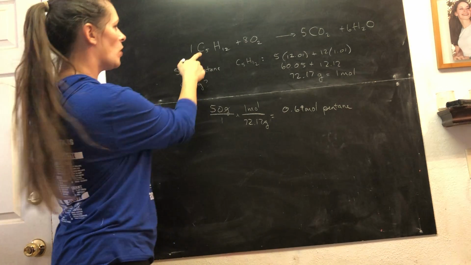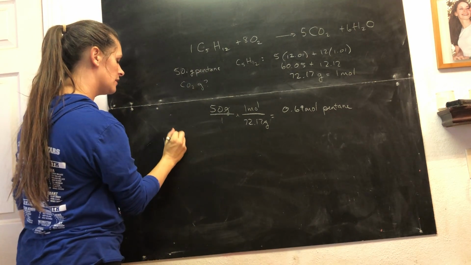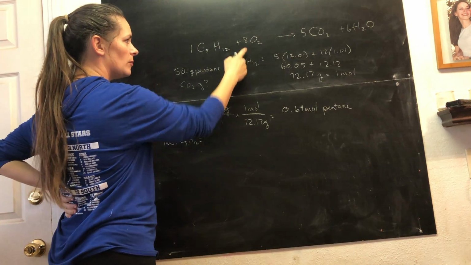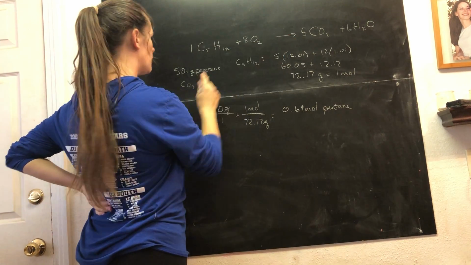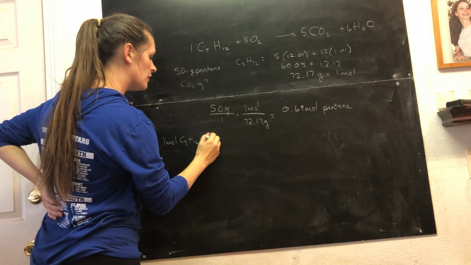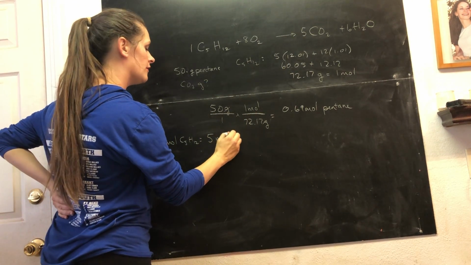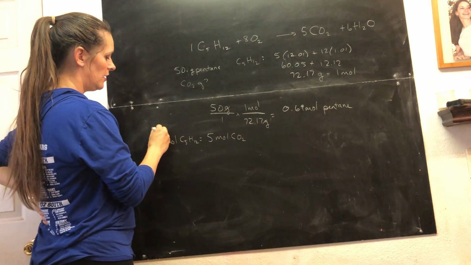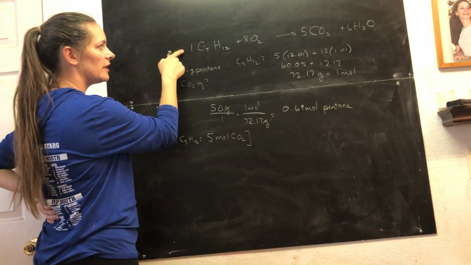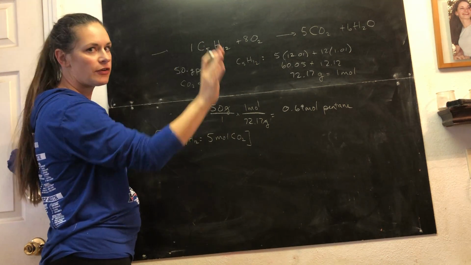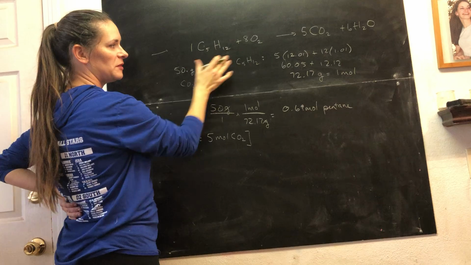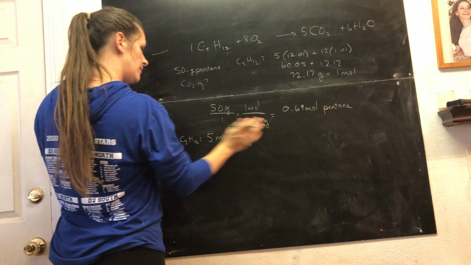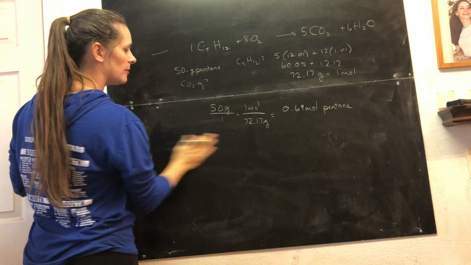Okay, so 1 mole of pentane yields, well, I want carbon dioxide, yields 5 moles of carbon dioxide. Okay, so this is a conversion factor. Now this applies only to this reaction, it doesn't apply across the board, it's specific to this reaction.